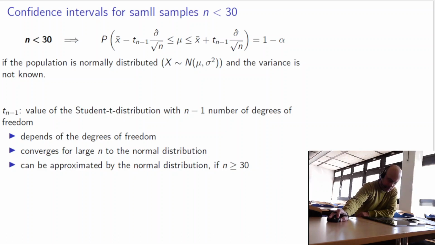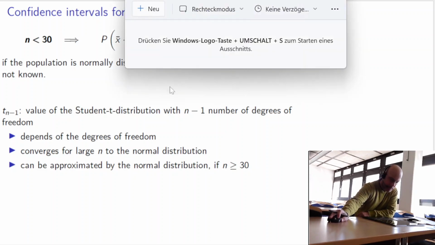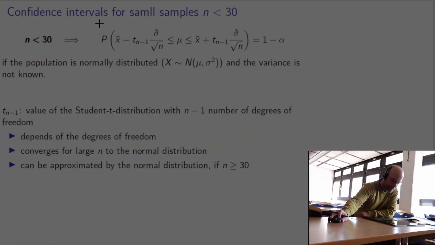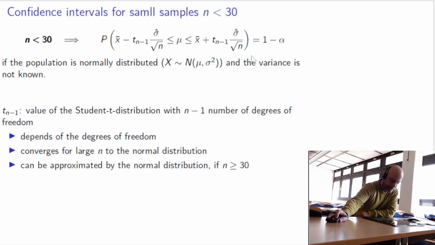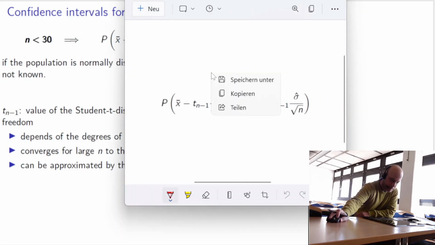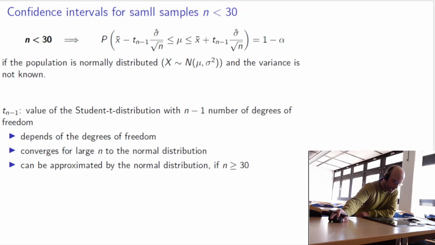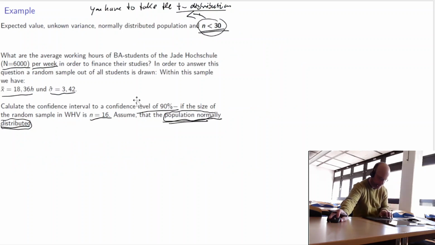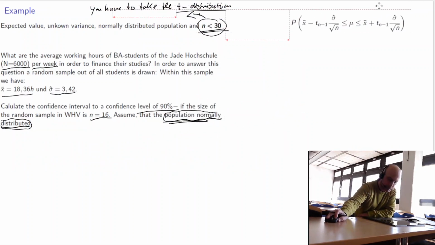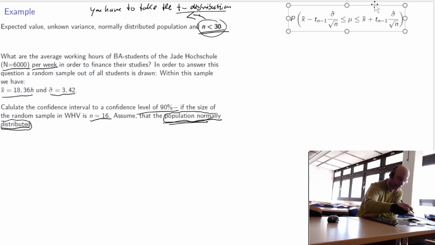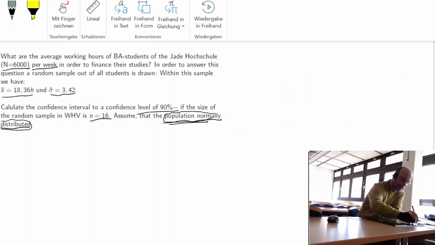But now we have to look up the number from the t distribution. Let's also take this. But now again we start.